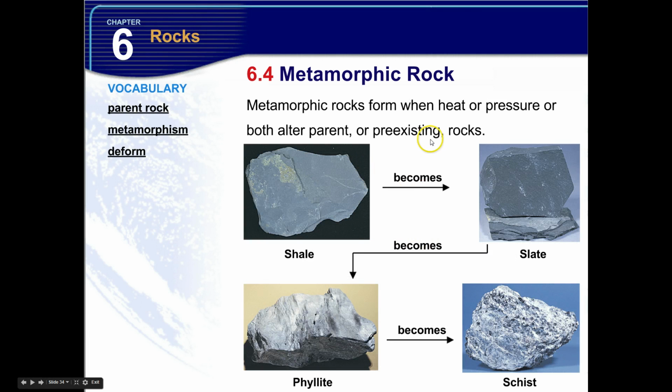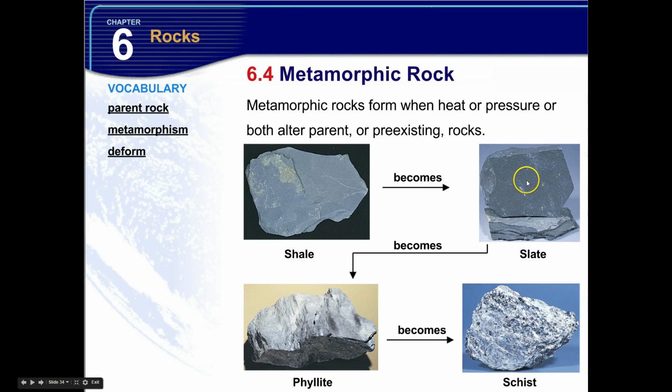So let's walk through an example. Metamorphic rocks form when heat or pressure or both alter a parent rock, which is also called a pre-existing rock. So let's start with shale, which is a sedimentary rock. It goes through a degree of metamorphism. It's still high heat, high pressure. We're talking 600-700 degrees temperature or a huge amount of pressure, and it can form slate.